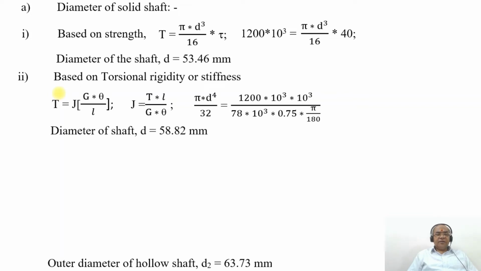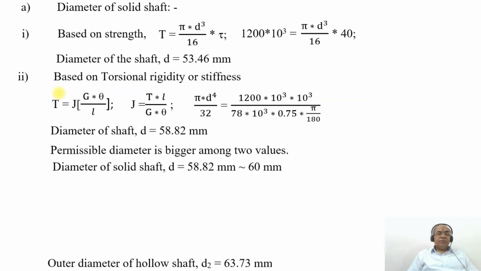Therefore, the diameter of the shaft is 58.82 mm. The permissible value is the bigger among the two values. Therefore, adopt the diameter of the shaft D equal to 58.82 mm or 60 mm.